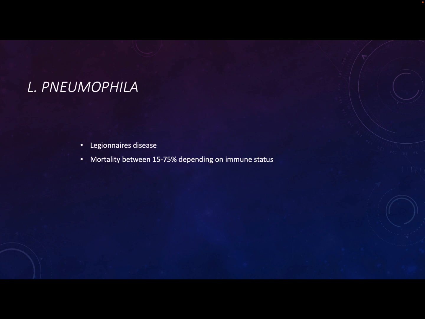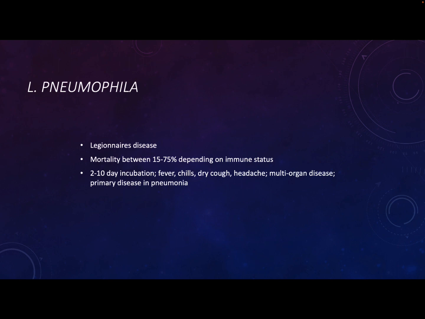Depending on the immune status, the mortality rate can really vary. And again, because we saw this a lot in old people who don't have the best immune system, right? They are more susceptible to more dangerous disease. Generally, we see a 2 to 10 day incubation period, followed by fever, chills, dry cough, so not a mucus-producing cough, then headache, and it can go multi-organ, but primarily the disease it will cause is pneumonia.